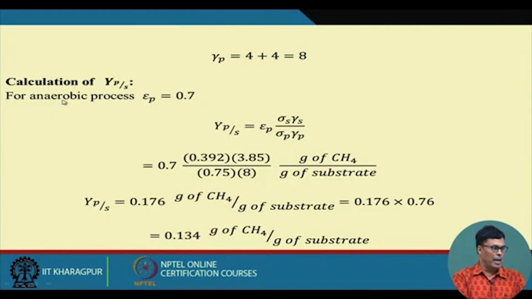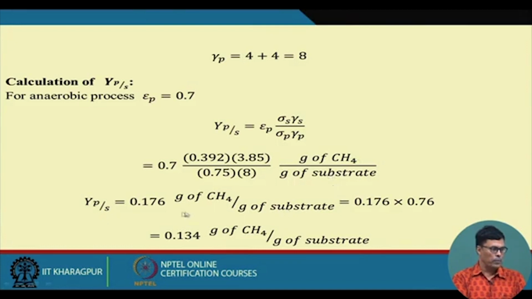Then we can assume this anaerobic process epsilon p is 0.7, and if it is 0.7 we can easily calculate how many grams of methane are produced per gram of substrate consumed, because Y p by s is the yield coefficient, the gram of product, that is methane, produced per gram of substrate consumed.